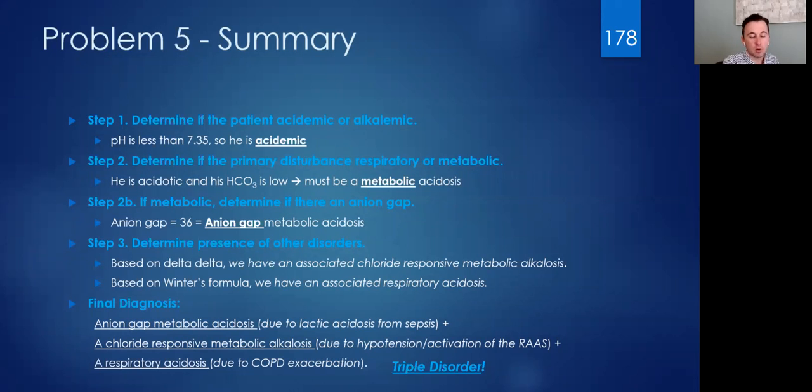Now, we don't always go through the patient as systematically as this. Often they get fluids regardless because they're septic, and so we don't really think about the metabolic alkalosis portion. And the fluids also resolve the metabolic acidosis. But a lot of your patients with obstructive lung disease that come in septic will have a triple disorder.